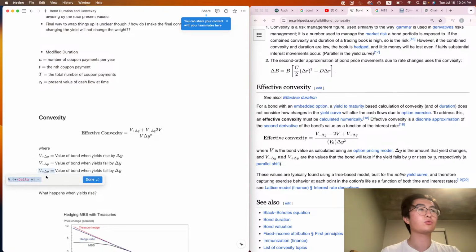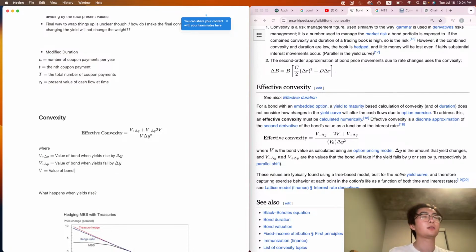And V is the value of bond, which you can compute using an option pricing model.